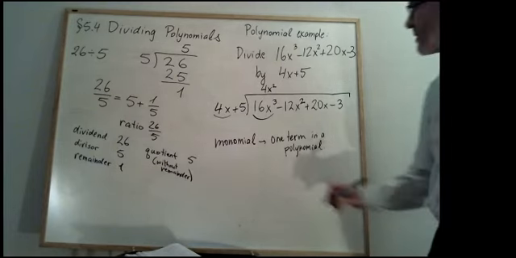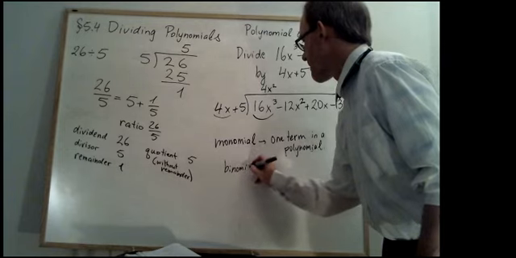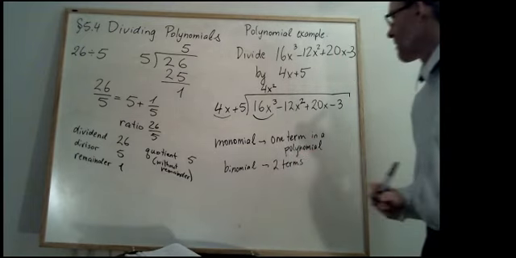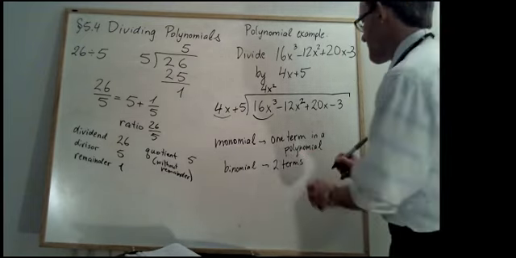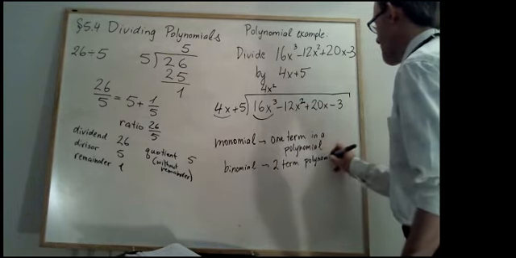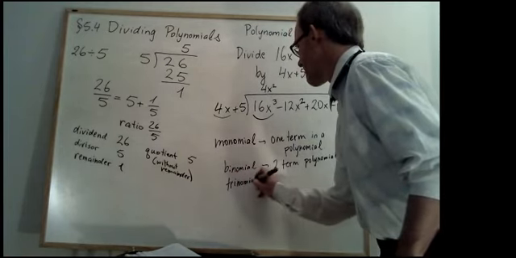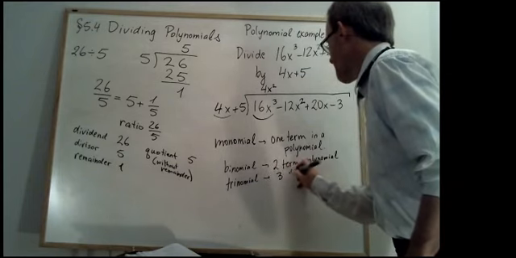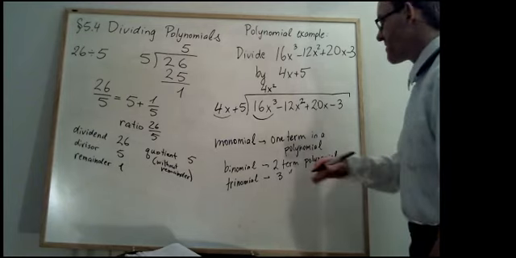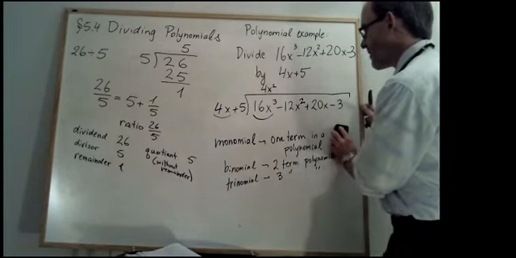Binomial means two terms, a two-term polynomial, and a trinomial, etc. That's just some terminology which hopefully is a review. You've seen this before in Math 101 or 099.